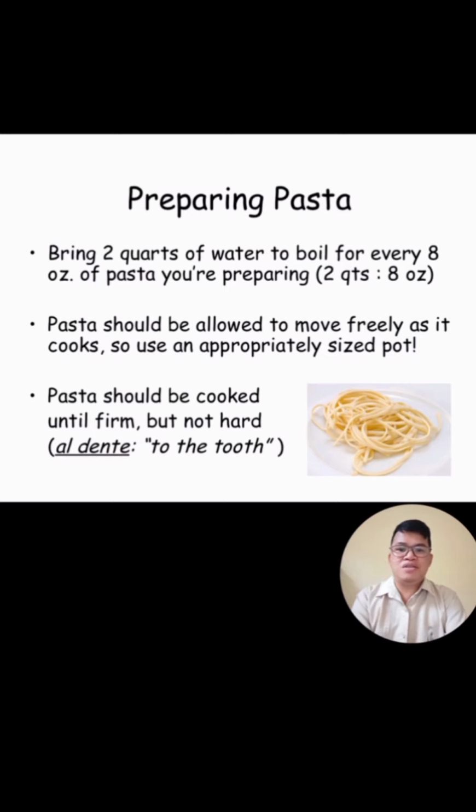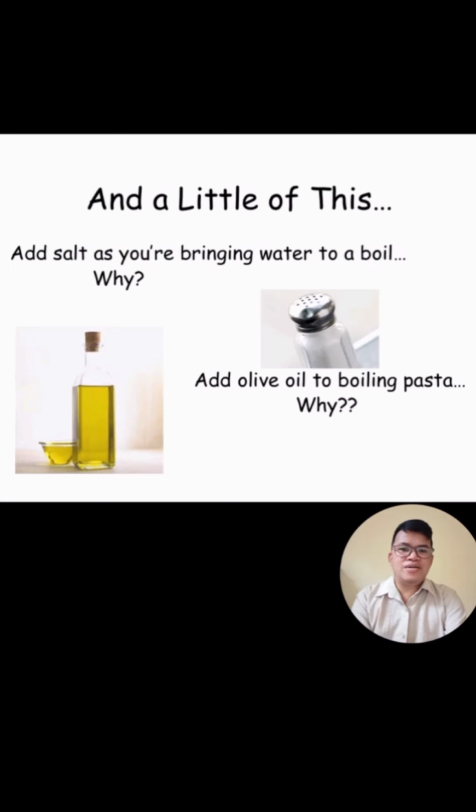So pasta should be cooked until firm but not hard. Okay, this is what we call al dente, or to the tooth, the moderate smoothness. And a little of this: add salt as you bring the water to a boil, okay?